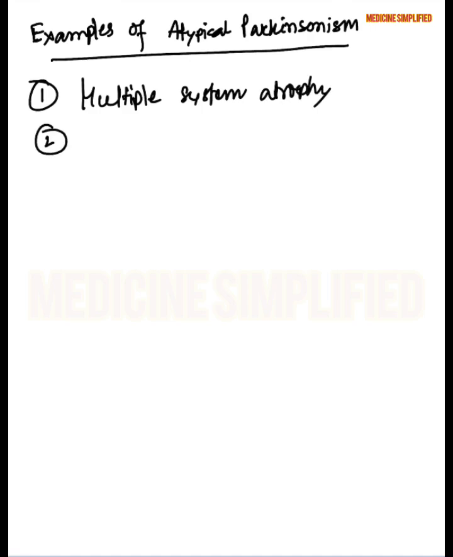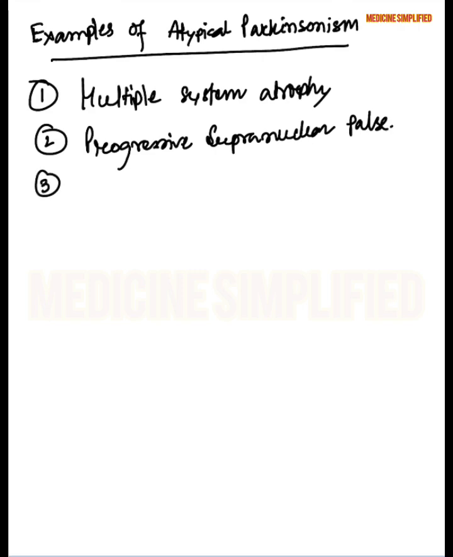So what are the examples of conditions in the atypical variety? Number 1, multiple system atrophy. Number 2, progressive supranuclear palsy. Number 3, corticobasal degeneration.